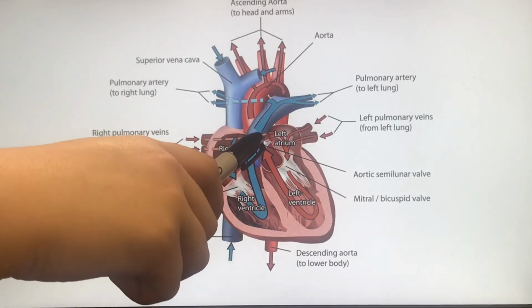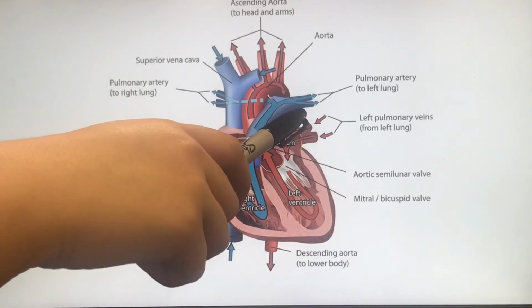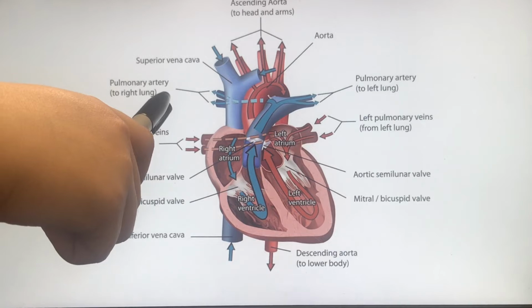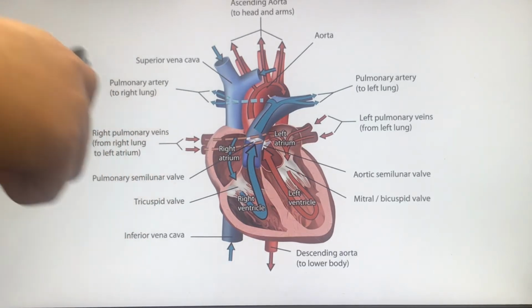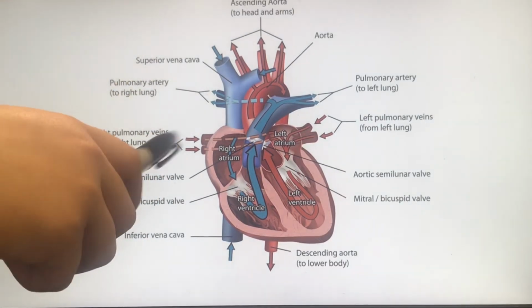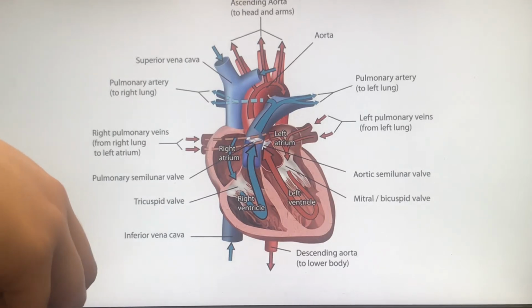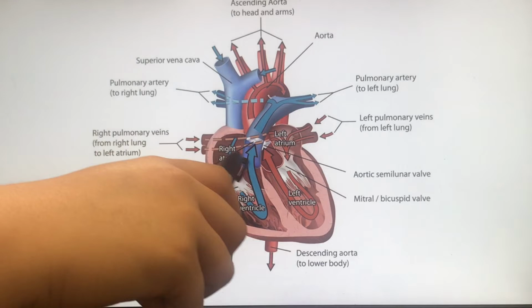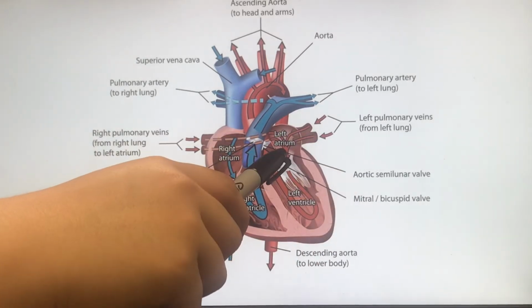Blood flows through the pulmonary valve into the pulmonary trunk. Blood is distributed by the right and left pulmonary arteries into the lungs, where it unloads carbon dioxide and loads oxygen. Blood returns from the lungs through the pulmonary veins to the left atrium.